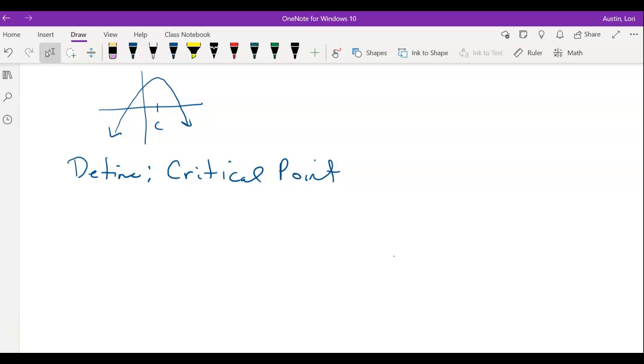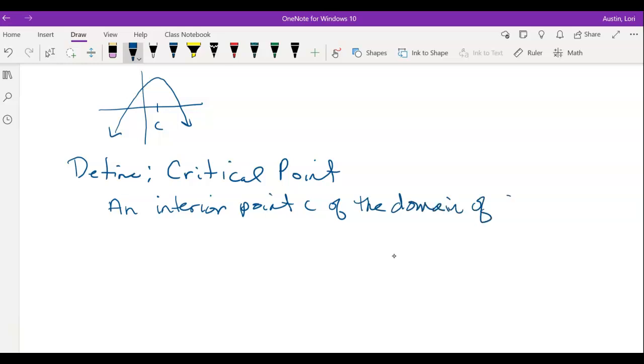That's a critical point. So where do critical points occur? Any interior point C of the domain of f at which f prime of C equals 0.